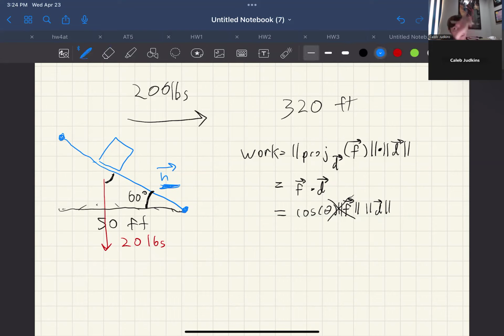But I know the vertical component has to correspond to this angle of 60. Essentially, we need to make a right triangle and figure out what this missing side, the opposite side to this angle, is. Well, SOHCAHTOA says that sine of 60 should be opposite, which is this vertical part that I'm trying to find, over the hypotenuse.